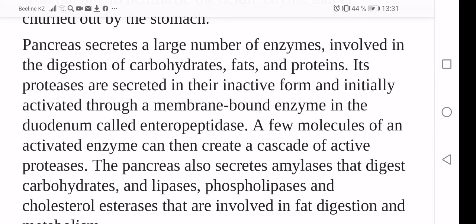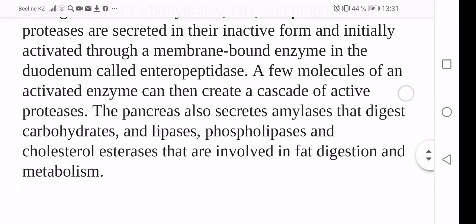Its proteases are secreted in their inactive form and initially activated through a membrane-bound enzyme in the duodenum called enteropeptidase. A few molecules of an activated enzyme can create a cascade of active proteases.